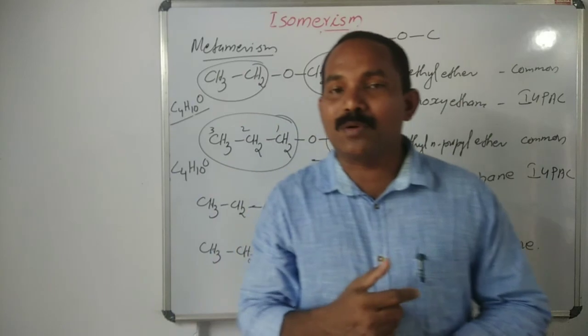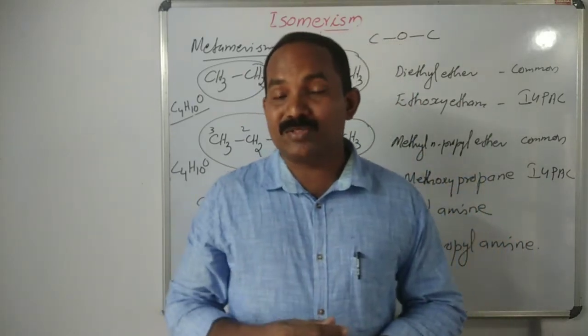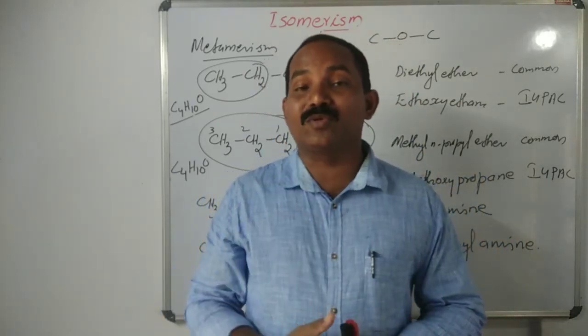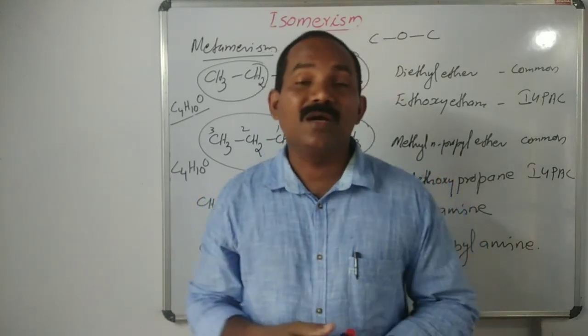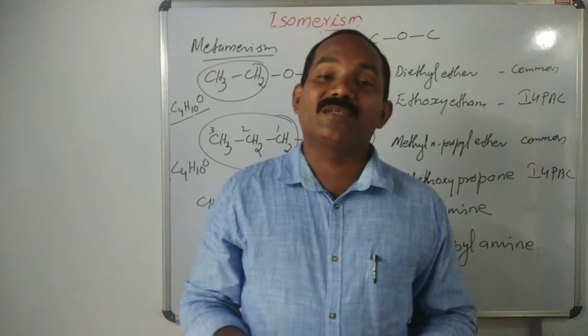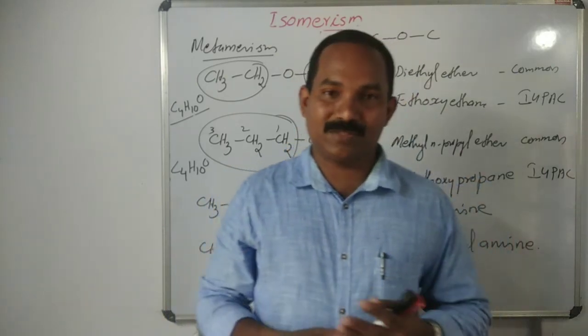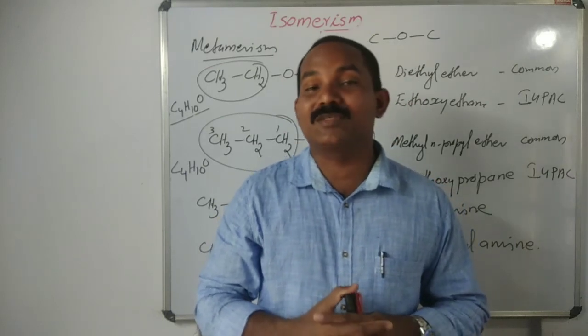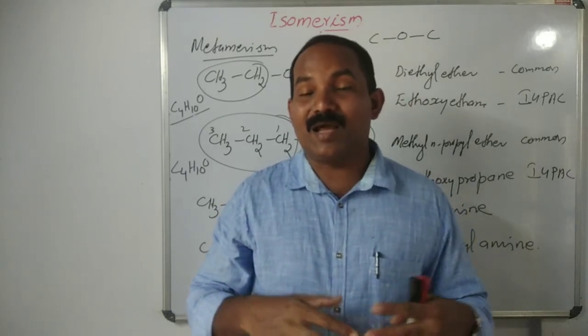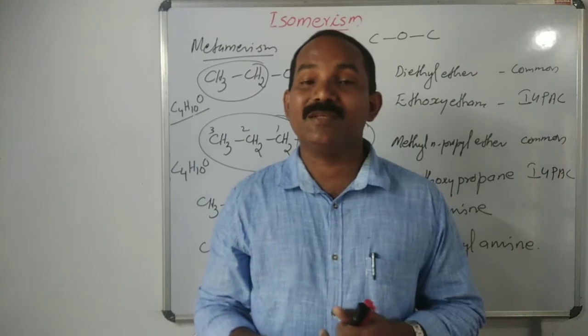As I already told you, stereoisomerism, that is geometrical isomerism and conformational isomerism, we will discuss in the next chapter. Optical isomerism comes in class 12. That's about the isomerism of organic compounds. We will discuss another concept in the next section. Thank you.